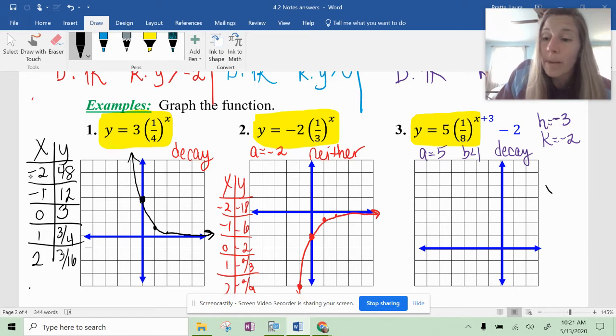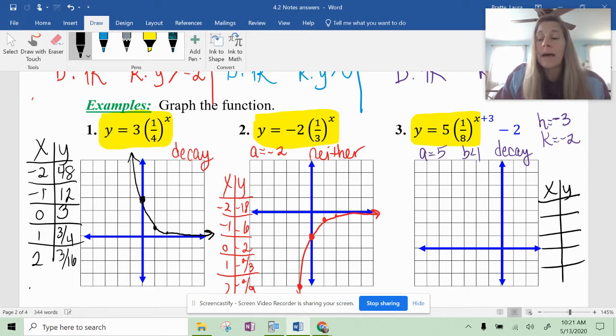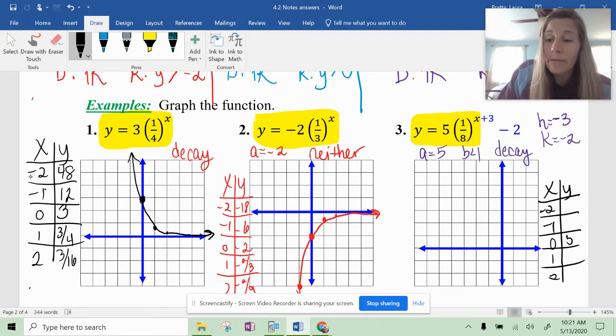So for my parent function, it's a lot easier to do that in your head than doing the whole big thing. If I put a 0 in here, I would get 5. If I put a 1 in, I would get 5/8. And if I put a 2 in there, I get 5/64.